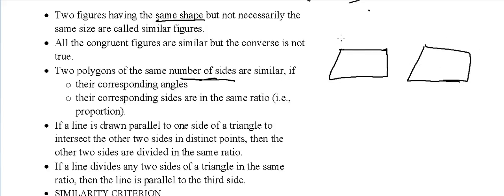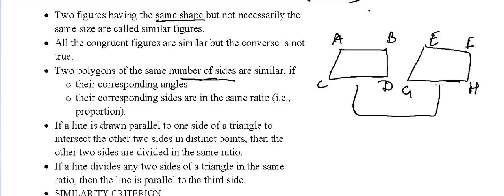This is also a quadrilateral, with vertices A, B, C, D and E, F, G, H. How can we say that these two are similar? We can say they are similar if two conditions are met. The first is this and the second is this. Their corresponding angles are equal and their corresponding sides are in the same ratio. The ratios should be the same.